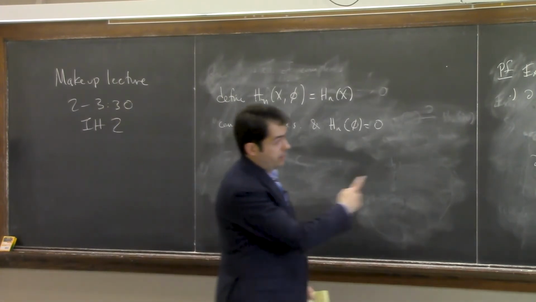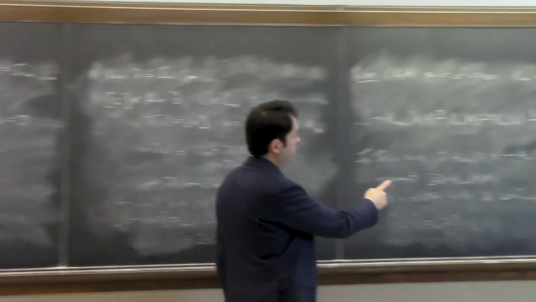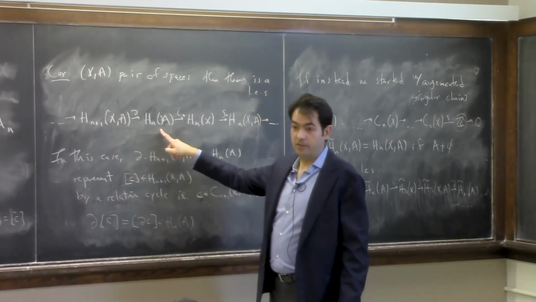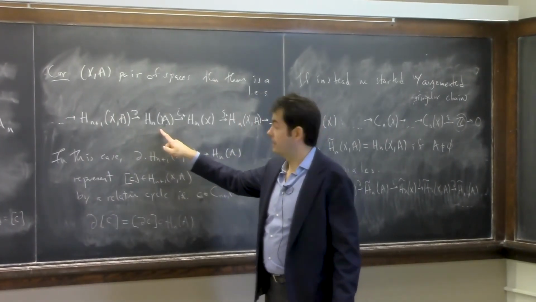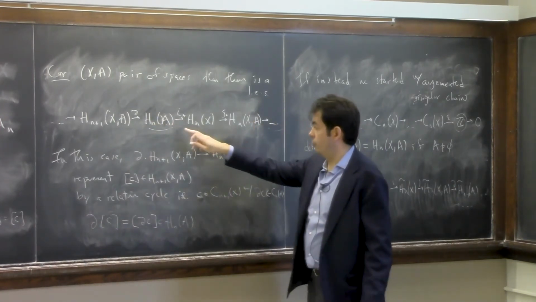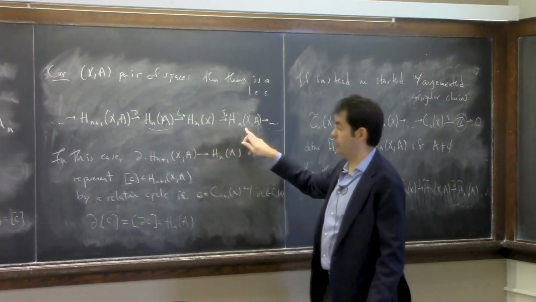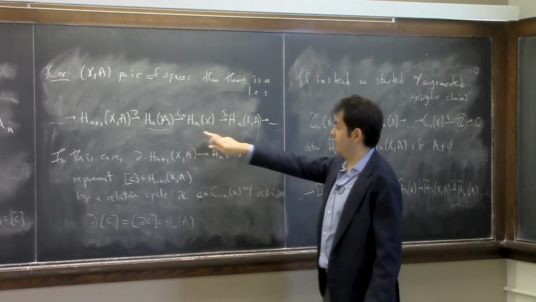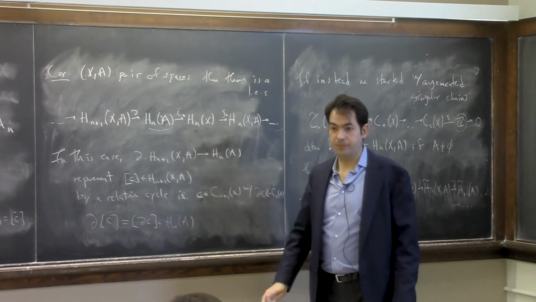Right? So if you look at this sequence, and A is the empty set, and you just declare that the empty set has no homology, then this would be 0, the next one would be 0, and so exactness tells you that this is an isomorphism, right? And so the relative homology with respect to the empty set should be the homology of X.